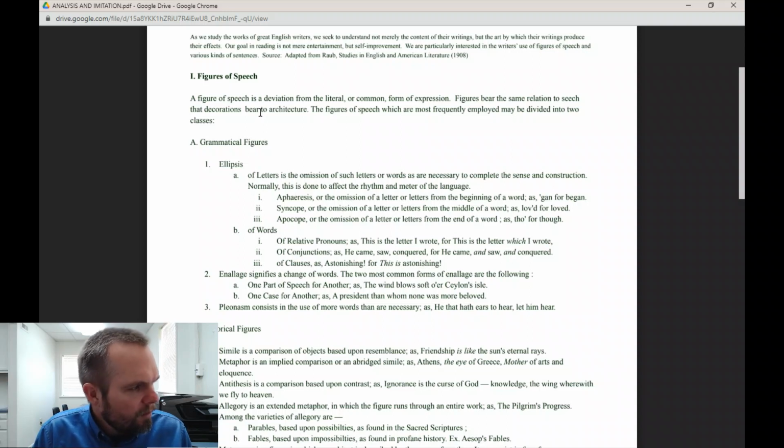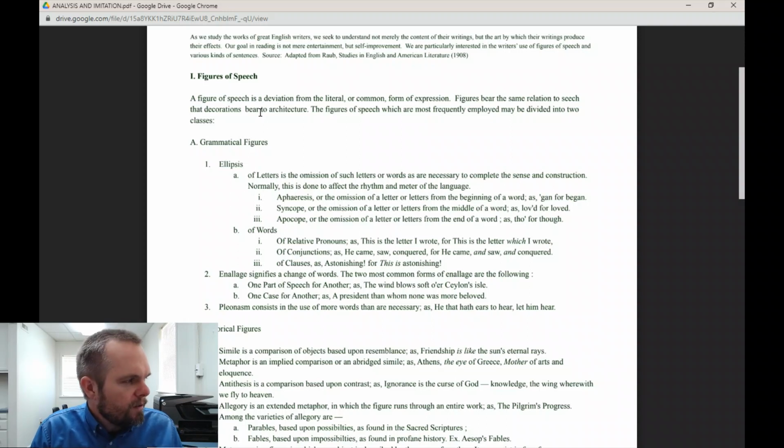First of all, we see that there are two different kinds of figures of speech. There are grammatical figures of speech that have to do with the grammar of the language of the author, and there are rhetorical figures of speech, which are not grammatical, but deal with more of the purpose and the overall style that the author uses.